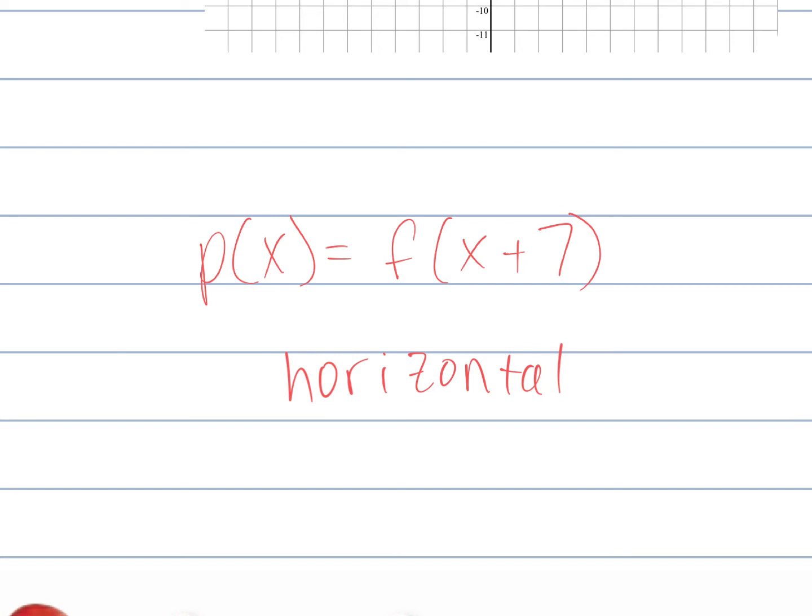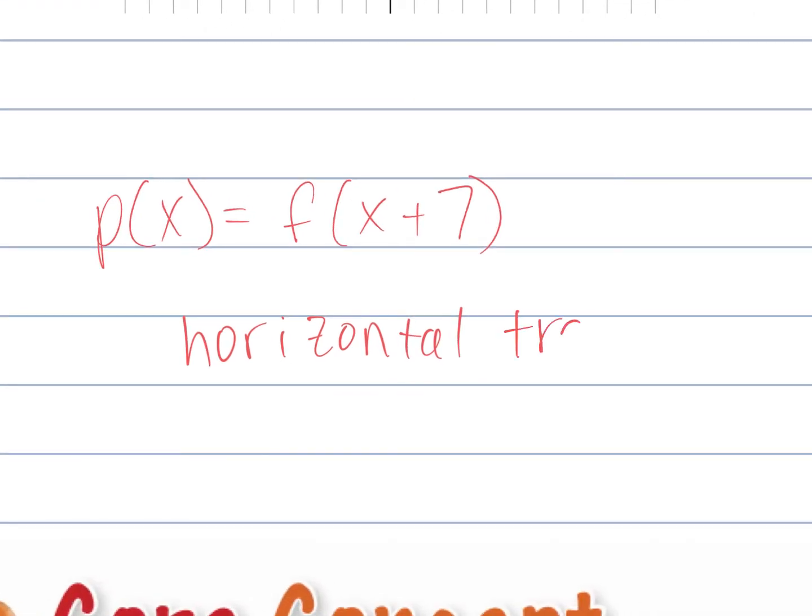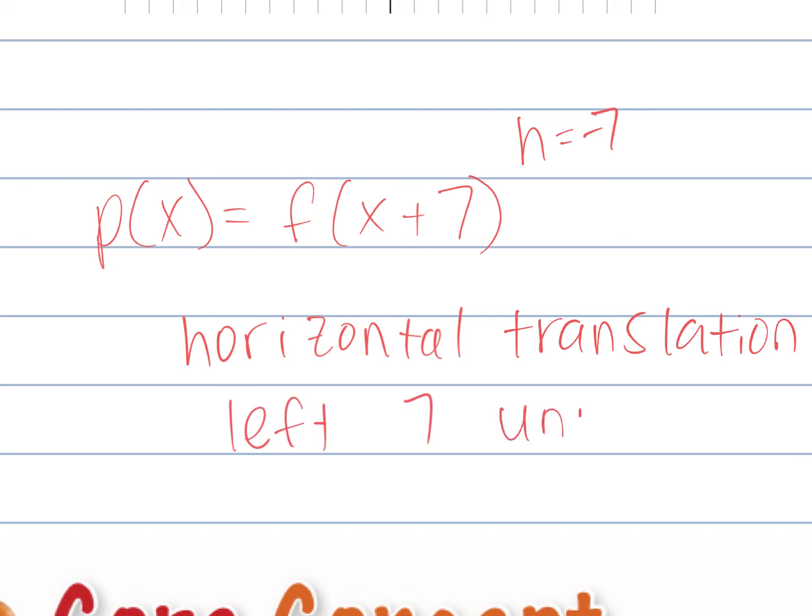Because it's adding and subtracting. Good. This is a translation. Okay. What would my h value be? What kind of horizontal transformation is this? AJ? To the left, 7. h would need to be -7, so it's going to move to the left 7 units.